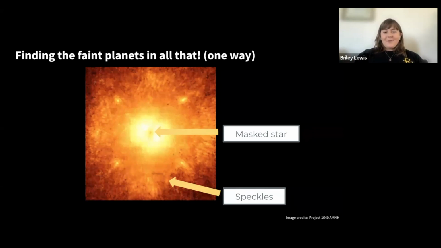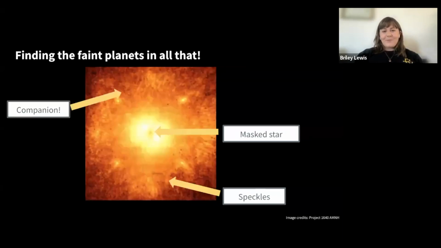But if we were able to see this moving, you would see that there's fairly clearly, once everything's moving, a little dot right here that stays still. So this is actually not a discovered planet. Hilariously, I say it's a companion because people thought it might be something, but it turns out it was actually a background star. But the point here is, in order to actually see faint planets, we need to do some kind of data processing.